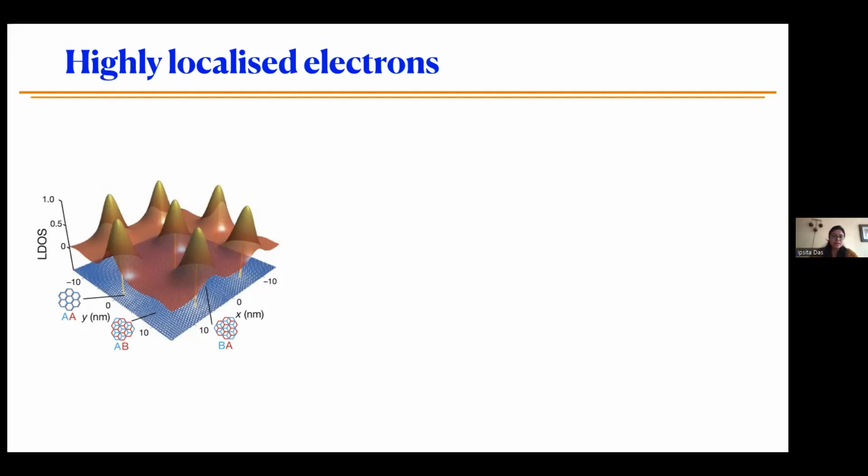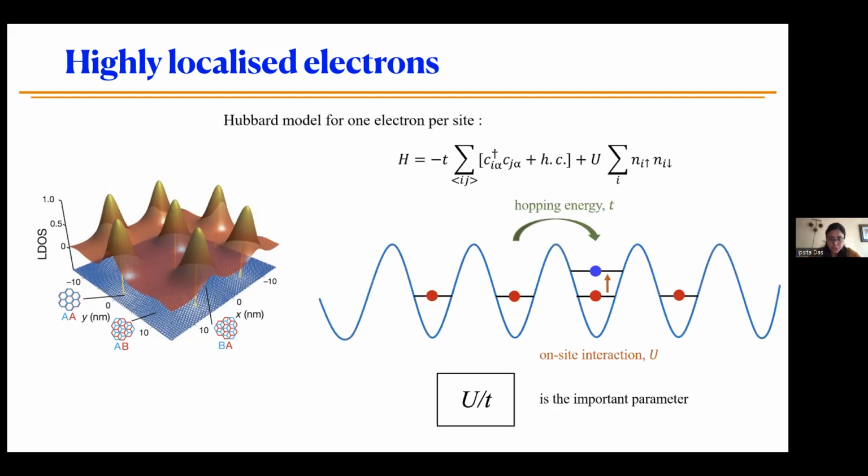And if you see the density of states, at a certain point, you will have very highly localized electrons, which are shown here by these peaks. And at certain regions, you will have almost zero density of states. Okay. So what happens if you have very highly localized and strongly correlated electrons?